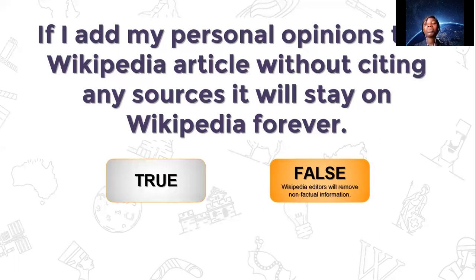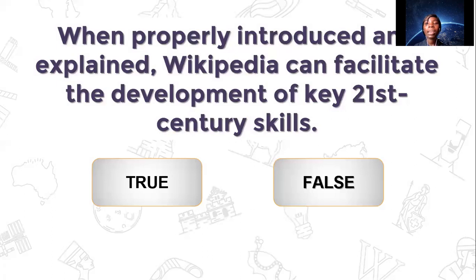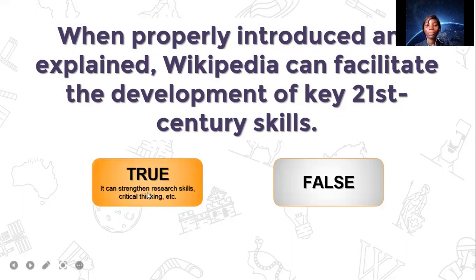Like I said, it has to be reliable and verifiable. When properly introduced and explained, Wikipedia can facilitate the development of key 21st century skills. Is this true or false? Let me see your comments. Okay, and it is true. It can strengthen research skills and critical thinking.